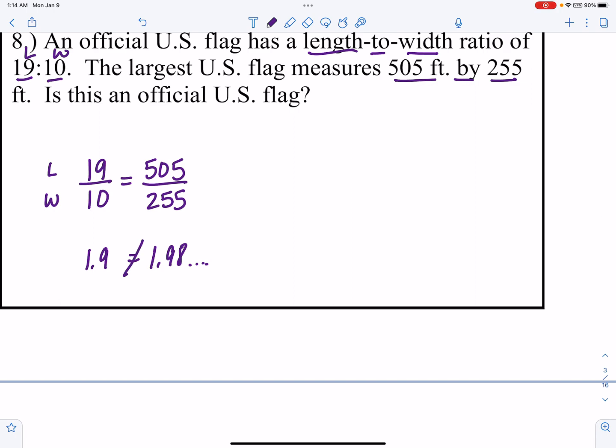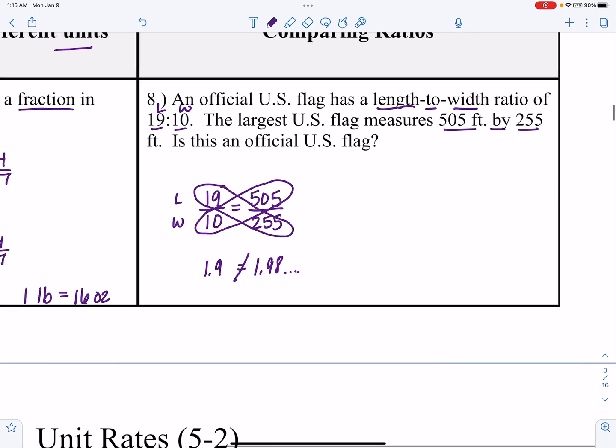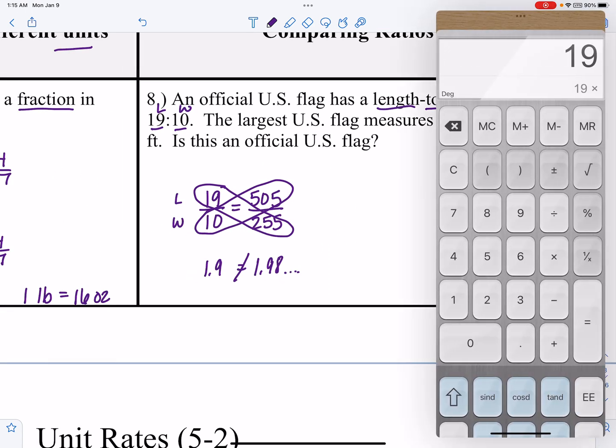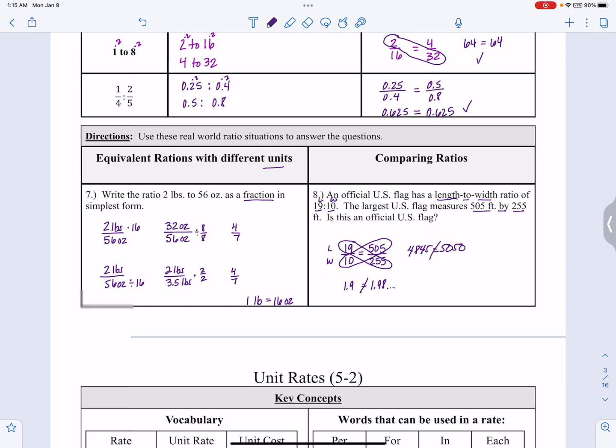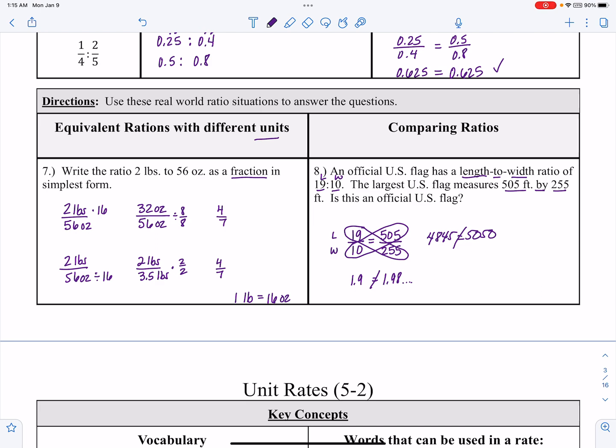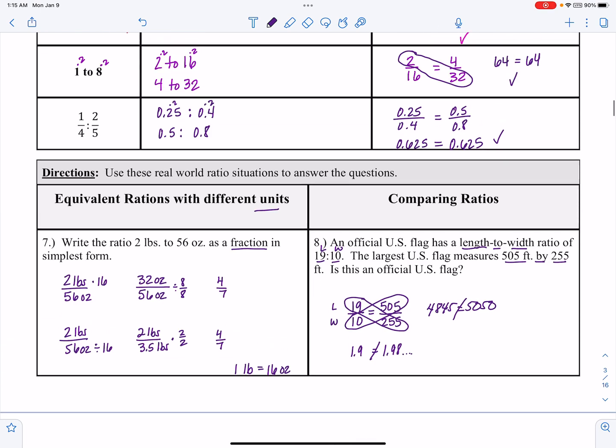I could have also done means and extremes and just multiplied the diagonals to determine if they would be equal to each other, which they would not be. We already know. Okay, and so you can see 19 times 255 would be 4,845, and 10 times 505 is 5050, which are not equal. So no matter what method we use to check for equivalency, it is not going to work. All right, there you go.